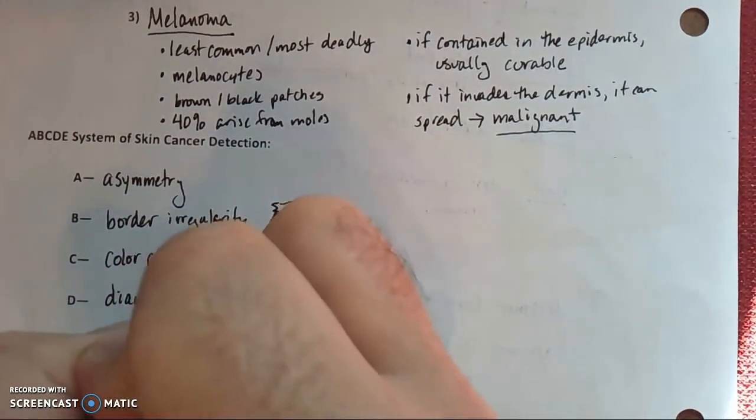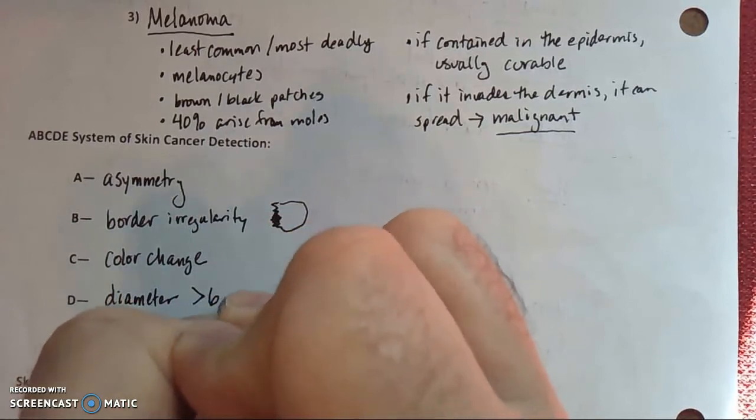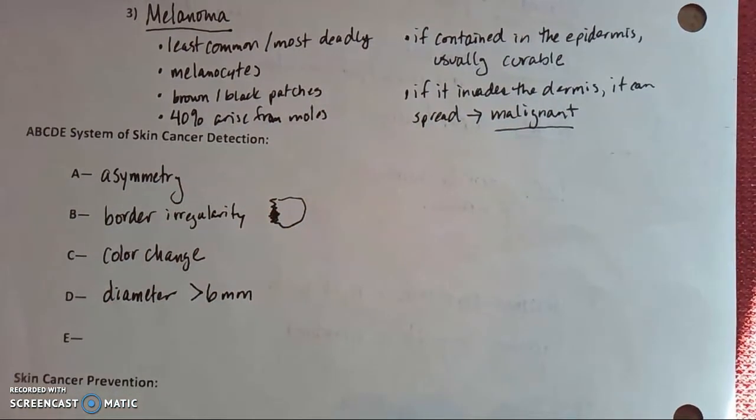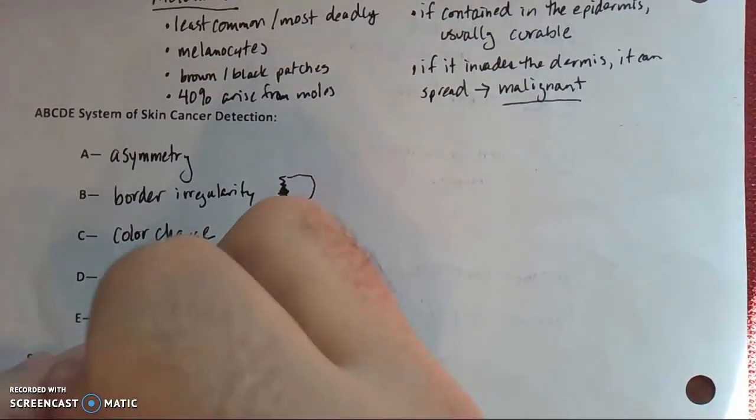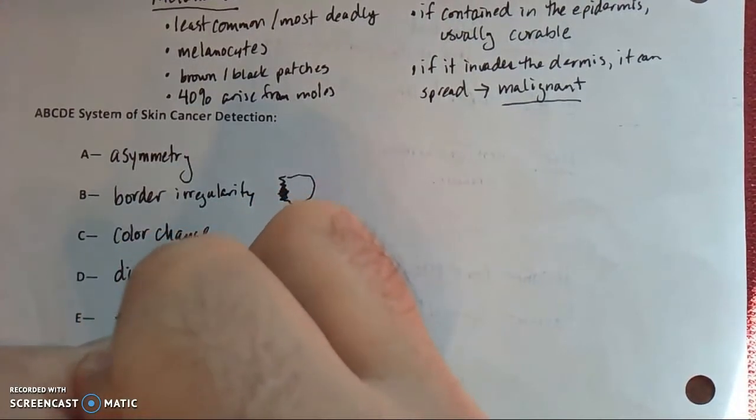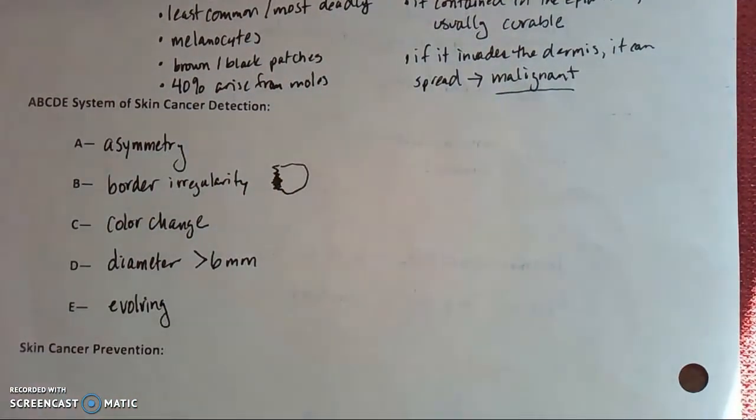Anything that has a diameter greater than 6 millimeters should be checked out by a doctor. And E stands for evolving. So something changes. Maybe there's hair growing out the middle of the mole and it all fell out. Maybe the top of the mole kind of started to indent a little bit. Get it checked out.